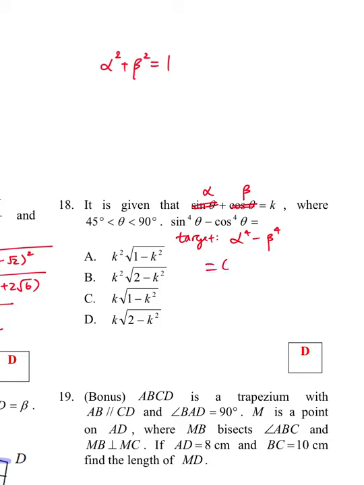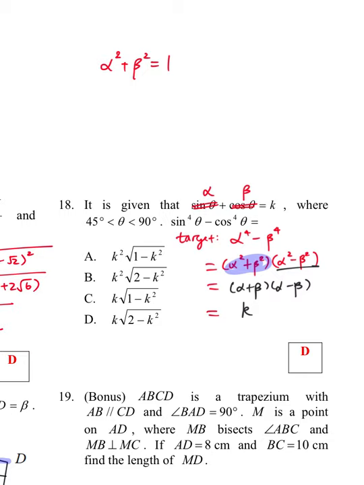Now let's do a factorization which must come into your mind. Interestingly, the first bracket will be 1, so what will remain is alpha squared minus beta squared. Further factorization will give you something like this, and the first part will be k.